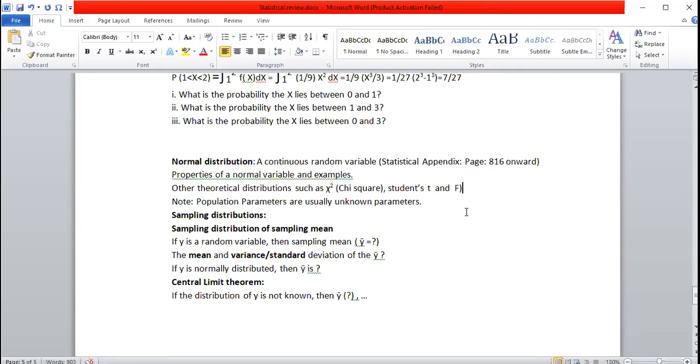What is mean? Mean is a measure of central tendency of a data series, and variance or standard deviation is a measure of dispersion.